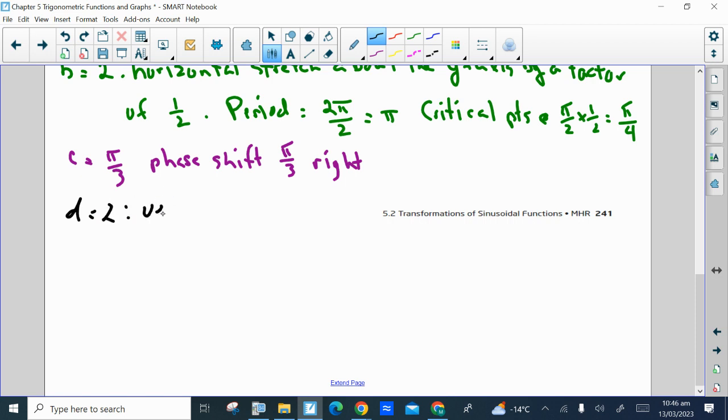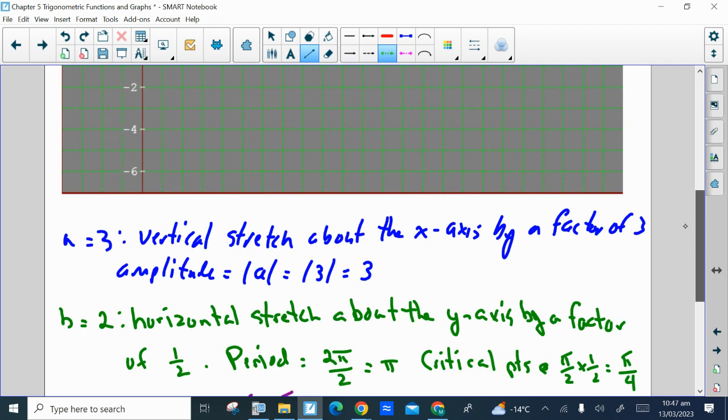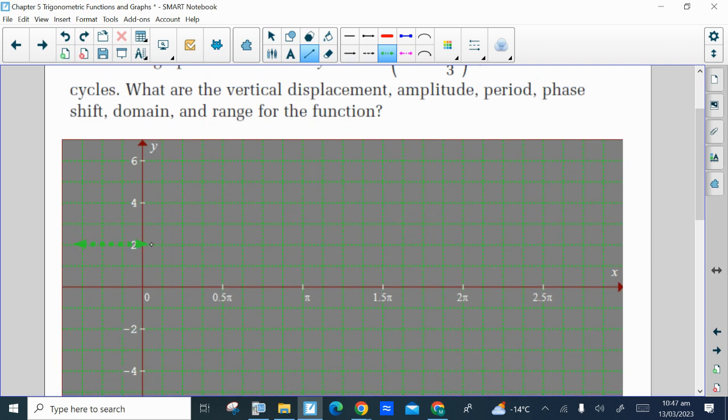So we have a vertical displacement of 2 up, which again tells us where our horizontal midline is. Our horizontal midline will be at +2 for our transformed graph.